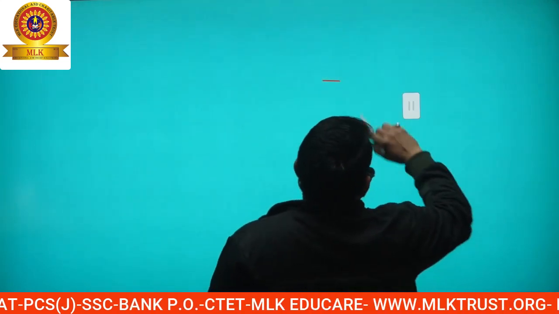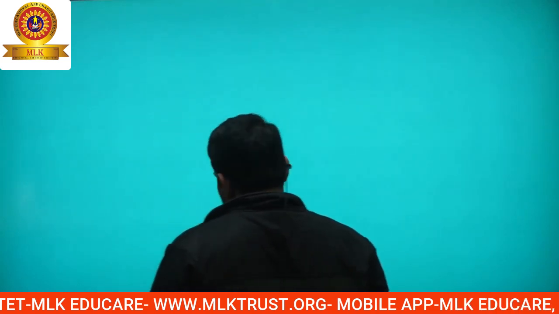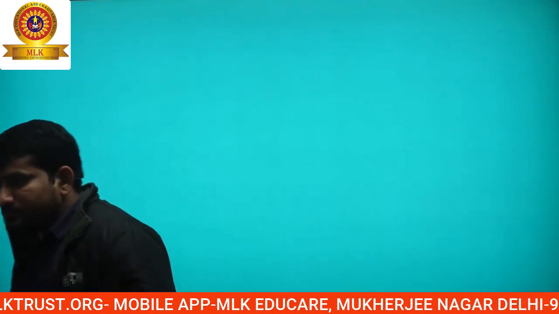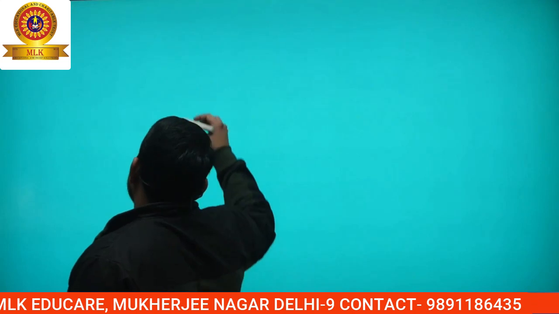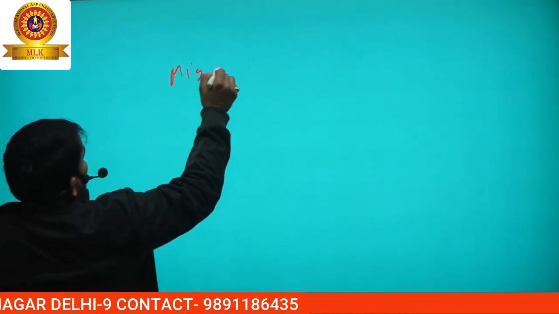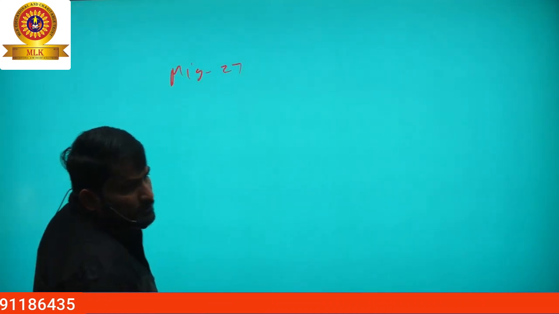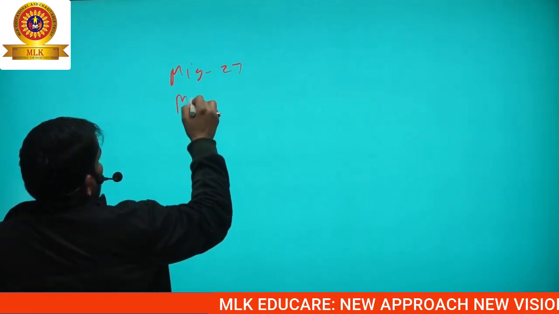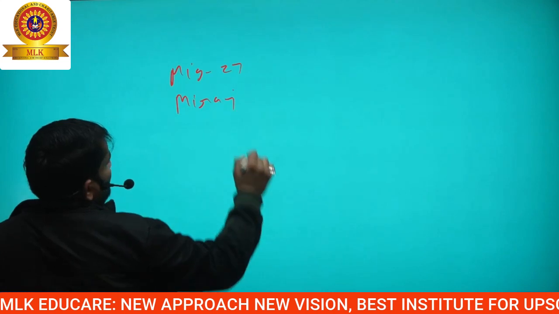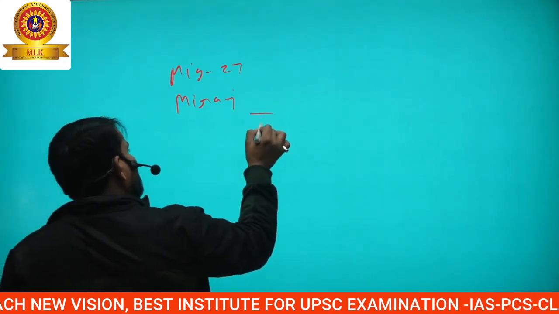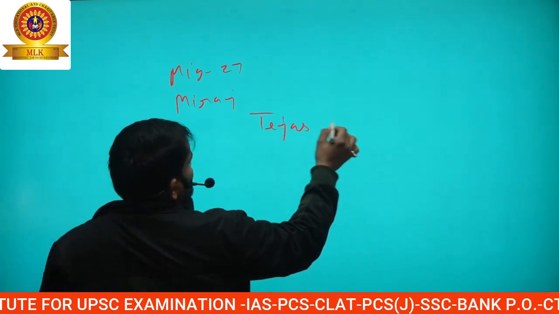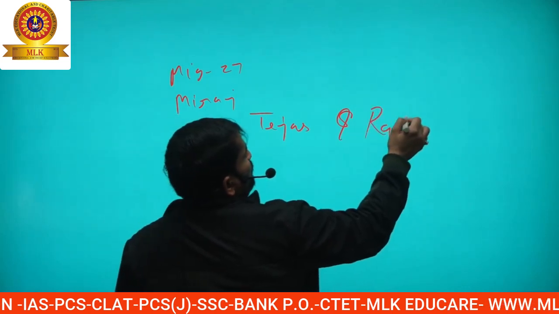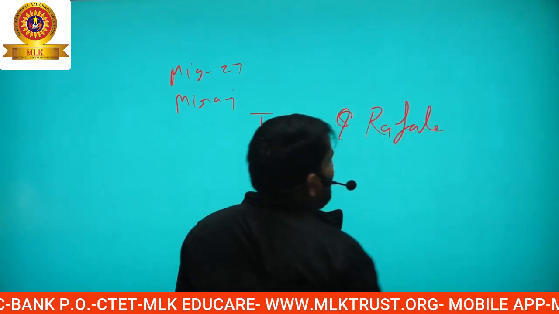In combat aircraft, we have different types like the MiG-27, which you have often heard in the news, and the Mirage. And today we are talking about the Tejas, and one more important one, the Rafale.